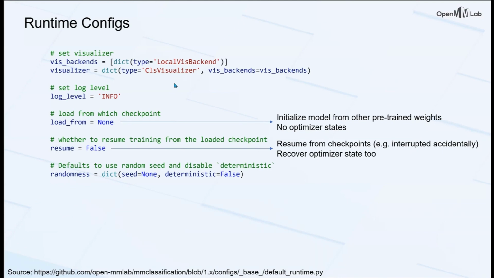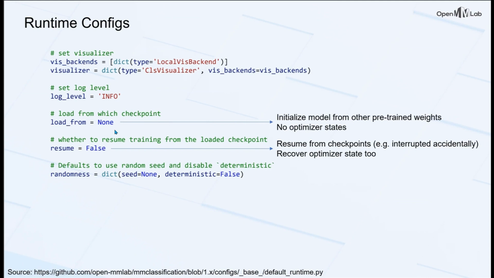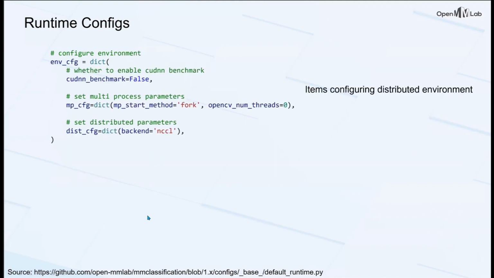If we want to initialize the model from some other pre-trained weights, we can set this load_from key, and if we want to resume training from some other checkpoints, we can set this resume key. Also we can set the random seed in this part, and some environment variables for distributed training. And all these items are gathered together to form the runtime part.